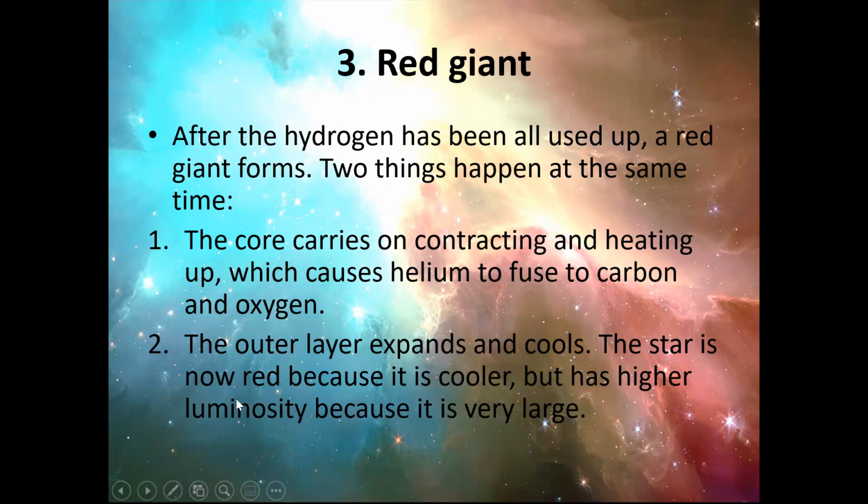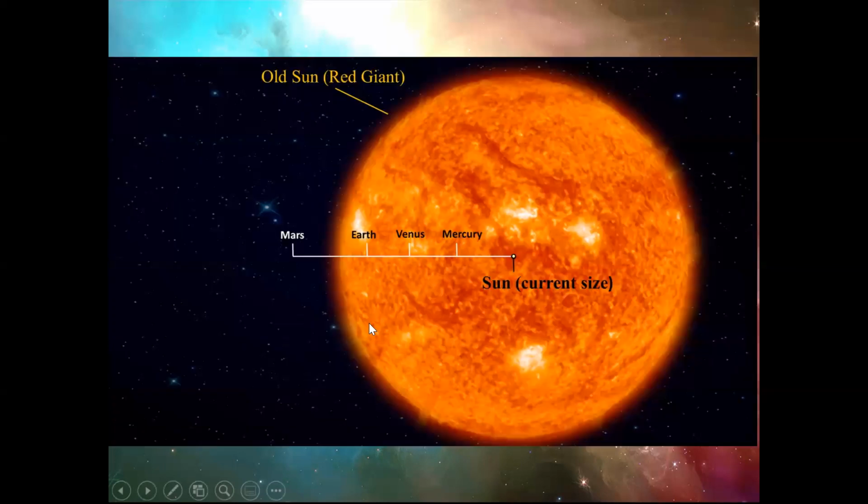Luminosity means that the energy released is very large. So here is just a picture of a red giant, which is an old sun. A sun-sized star has then formed this red giant.